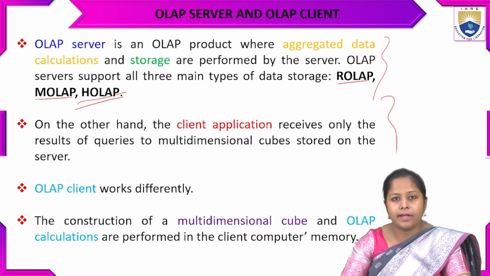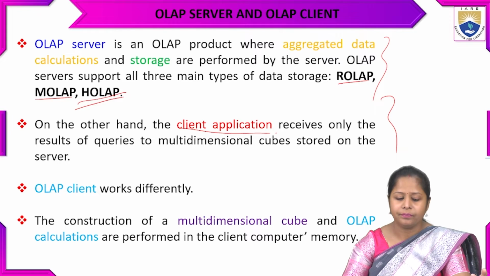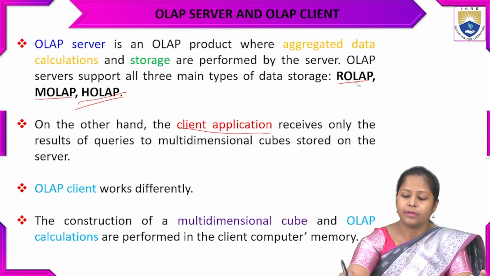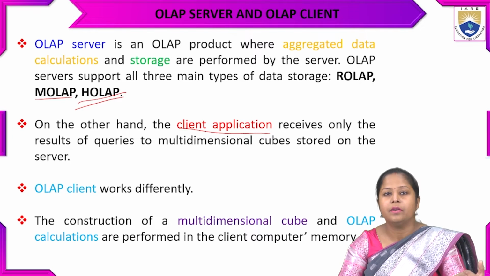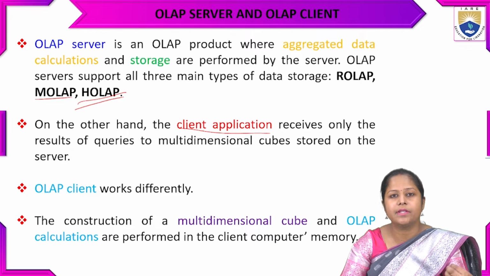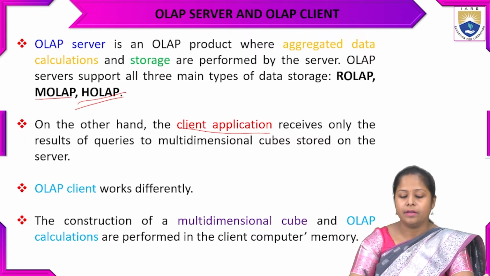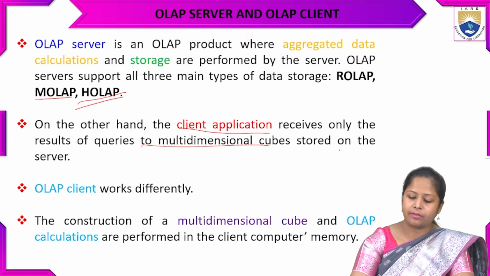On the other hand, the OLAP client application receives only the result of the query. What is it receiving? When the end user writes an SQL query, this type of client sends that query to the multi-dimensional cube stored on the server.